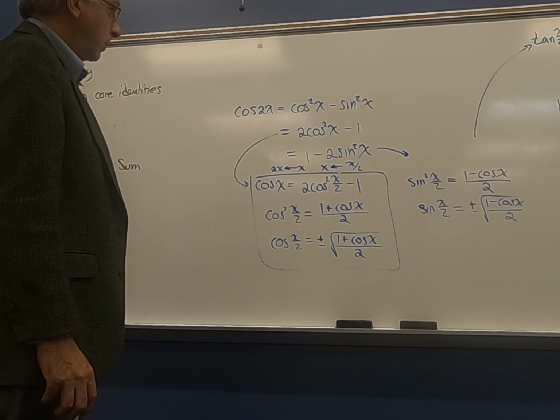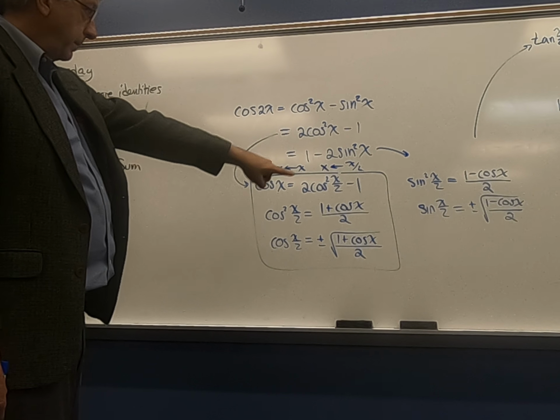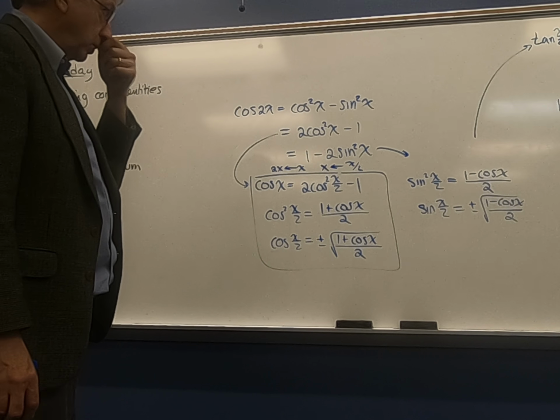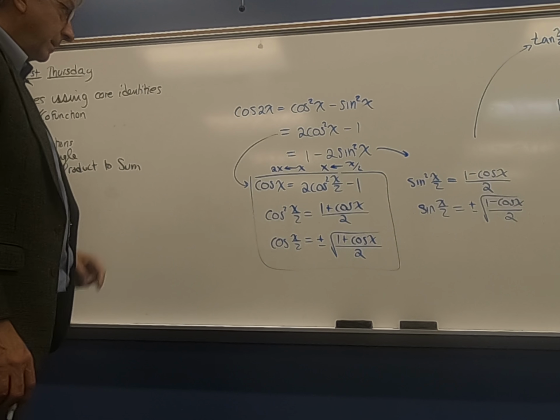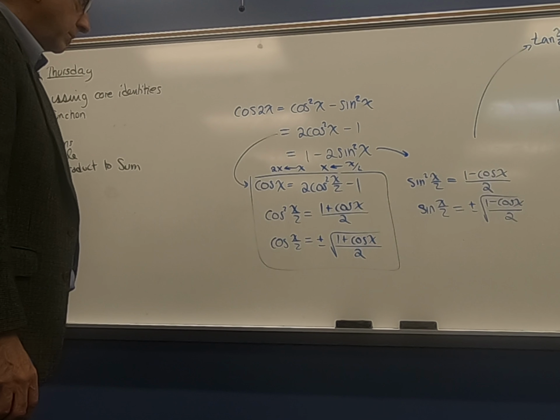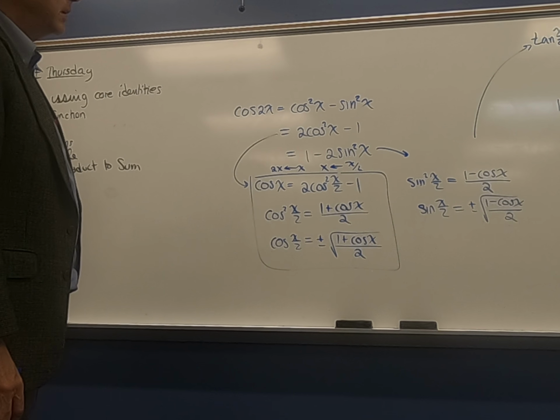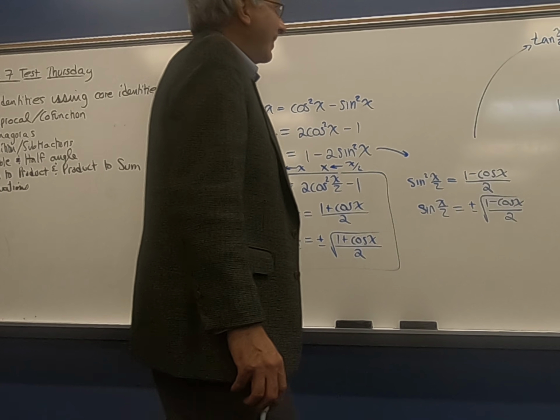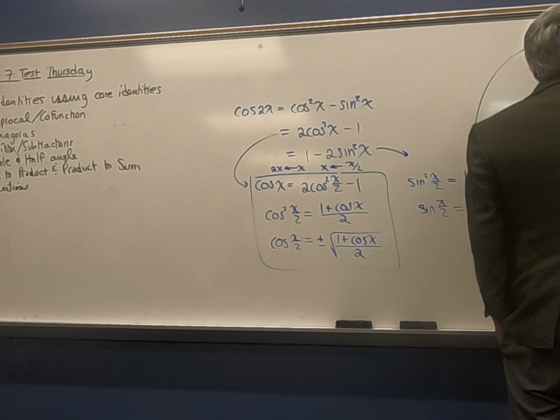Tan is sine over cosine, and when I take the ratio of those things, the 2's cancel out, and the ratio under the radical is the radical of the ratio. So the radicals come together as a single radical.